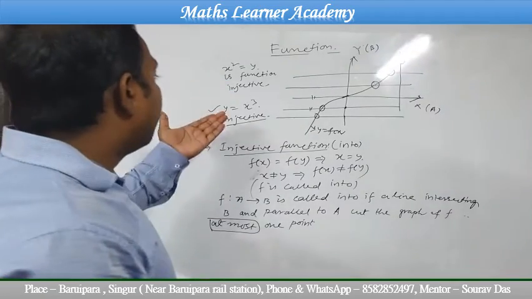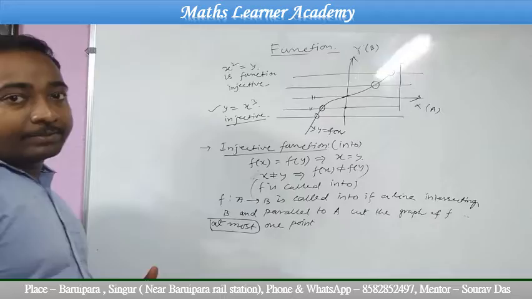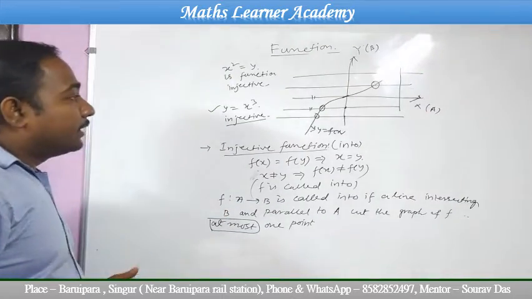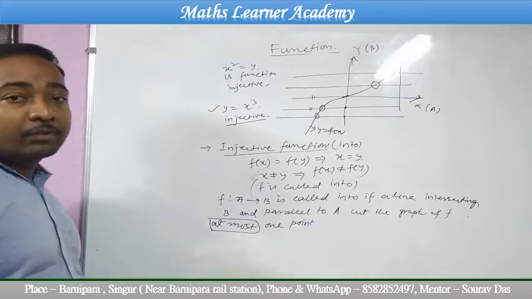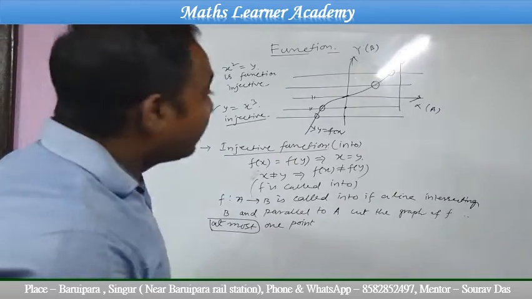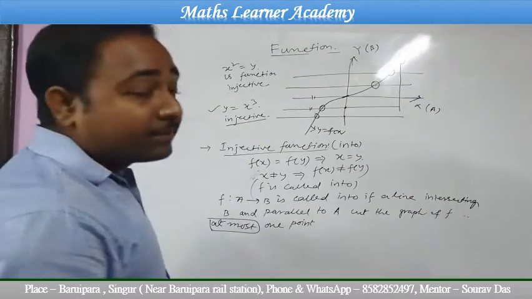So if you are given some known curves, or you can trace the curve, then it is very easy to identify whether the function is injective or surjective. So now I am going to tell you about the surjective function.